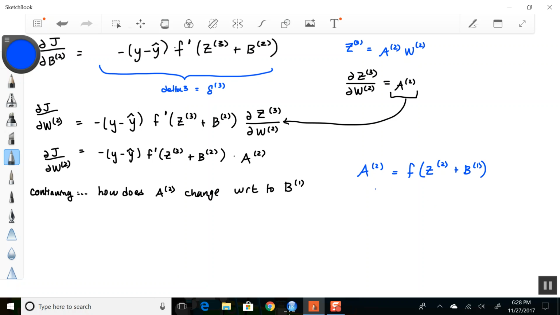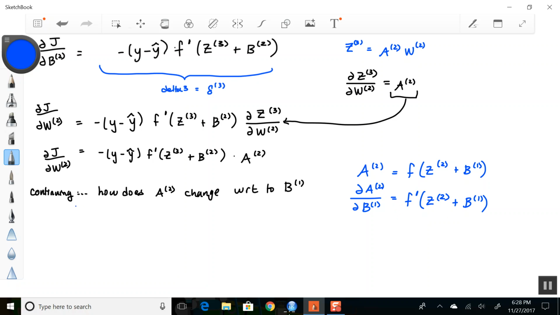So if we ask what is the derivative of A2 with respect to the first bias matrix, we would get f prime of Z2 plus B1. Kind of applying that.